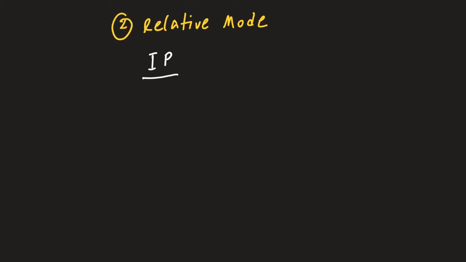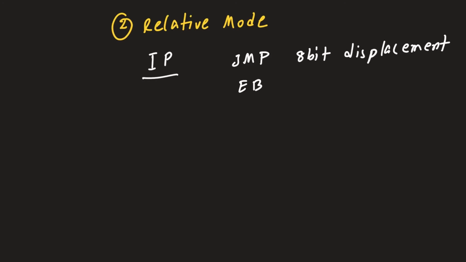One example of this is jump and then an 8-bit displacement. If this is the case, then the opcode of this jump instruction is EB. Also we can write jump and then a 16-bit displacement. In this case, the opcode of jump will be E9.